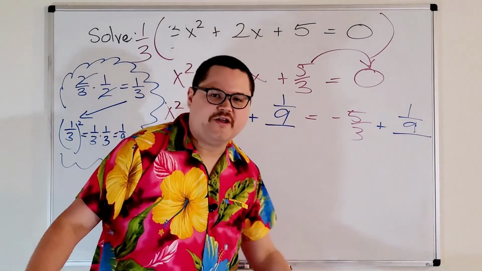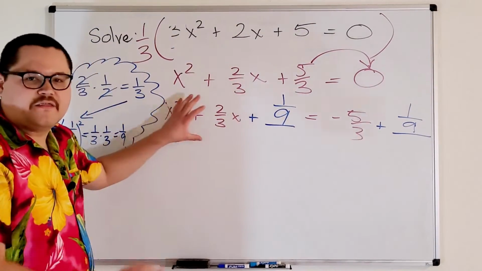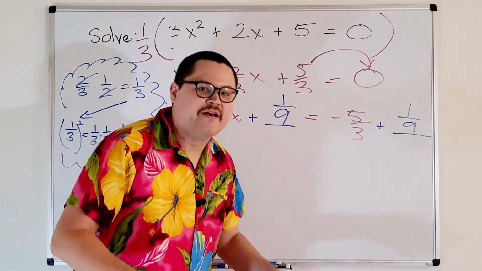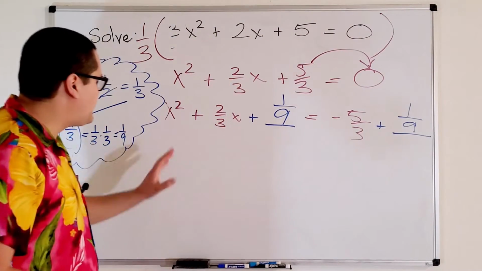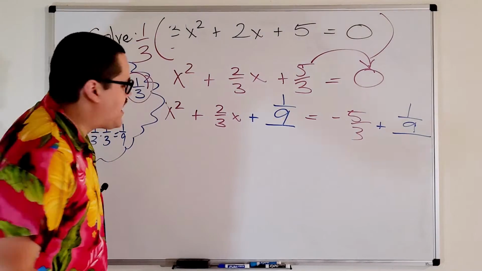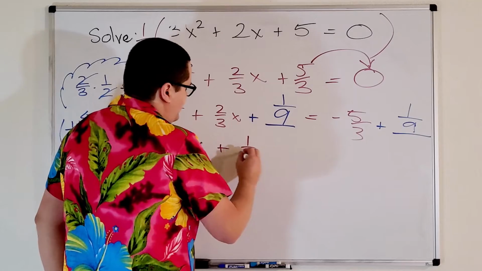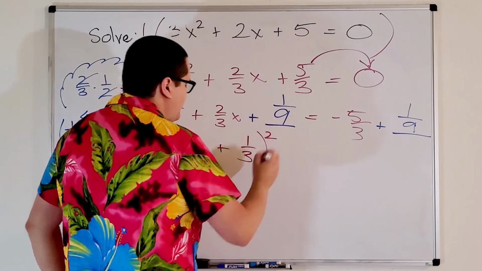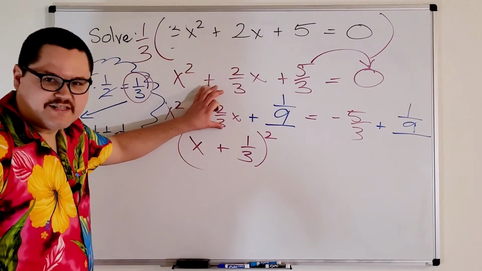Okay, so at this point we've completed the square. The thing on the left will be the square of a binomial. Which binomial? Well, you go back here, it'll be x plus that. So x plus 1/3 squared, if we FOILed it, would be the same as the left side.